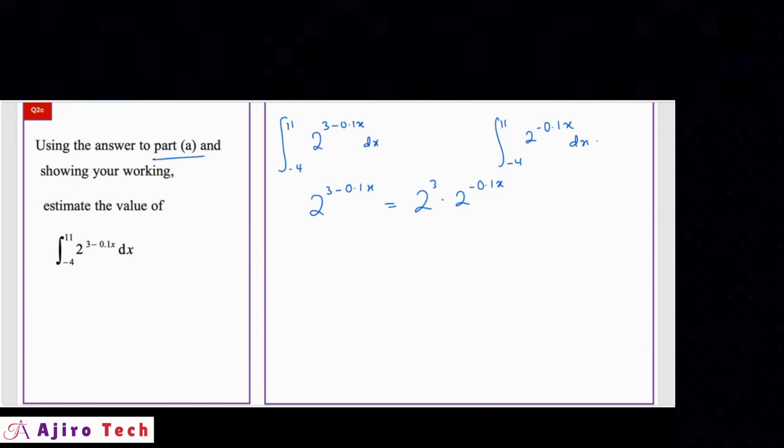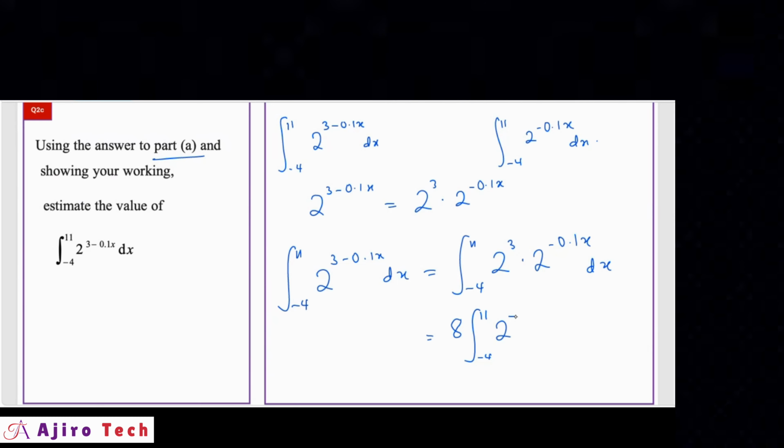So definitely the integral from -4 to 11 of 2 to the power of 3 minus 0.1x dx can also be written as the integral from -4 to 11 of 2 raised to the power 3 multiplied by 2 raised to the power minus 0.1x dx. This 2 raised to the power 3 is a constant, that's 8. So we can write it as 8 times the integral from -4 to 11 of 2 raised to the power minus 0.1x dx.